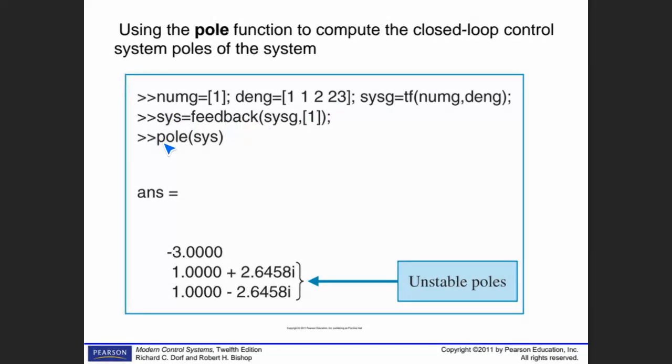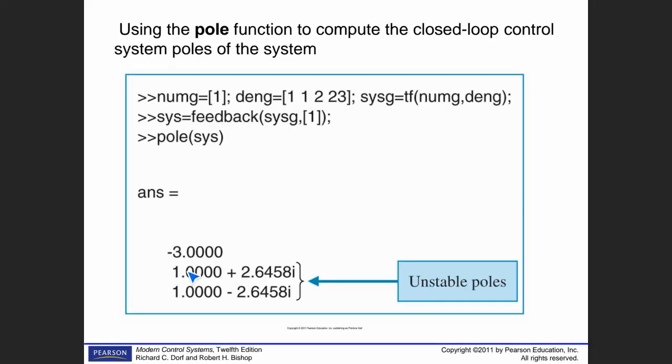Then whatever you write here, pole system, bakın bu çok önemli. So for example, if I give you s to power 5, s to power 4, you can easily obtain the poles here. When you write pole system, it directly gives you -3, -2.6, 1, -2.